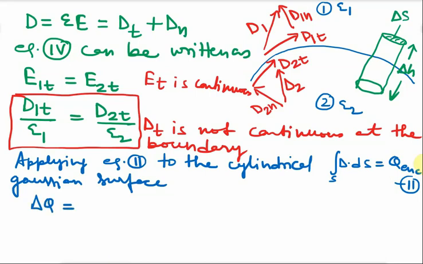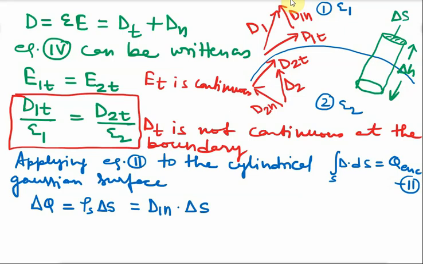So del q equals the integral of D dot dS. Del q can also be written as rho s del s, the surface charge density multiplied by the surface. If we talk about the top surface, the vector D will lie along D1n, and the surface is dot del s.